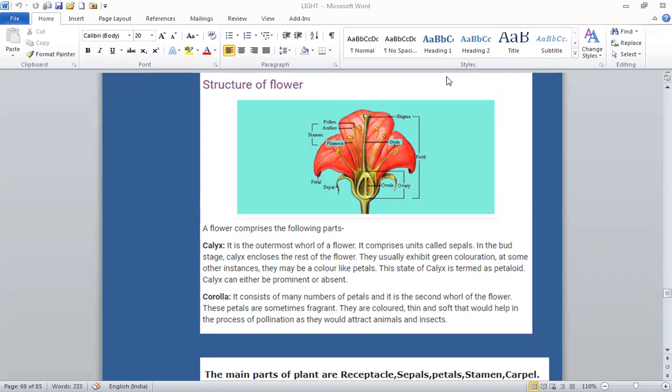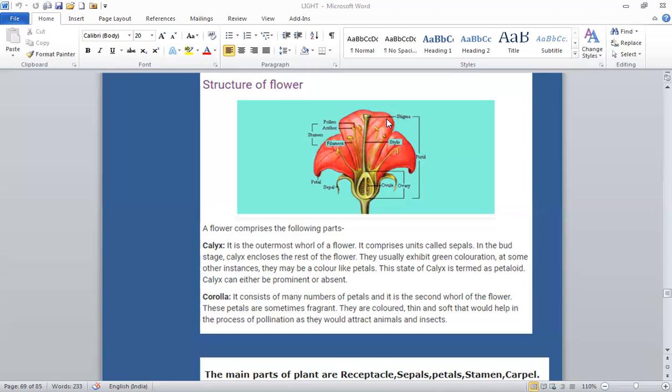On the screen you can see the diagram of a bisexual flower. First of all, we will study that in flowering plants or angiosperms, the reproductive organs are located in flowers, and the male and female gametes are situated over here.